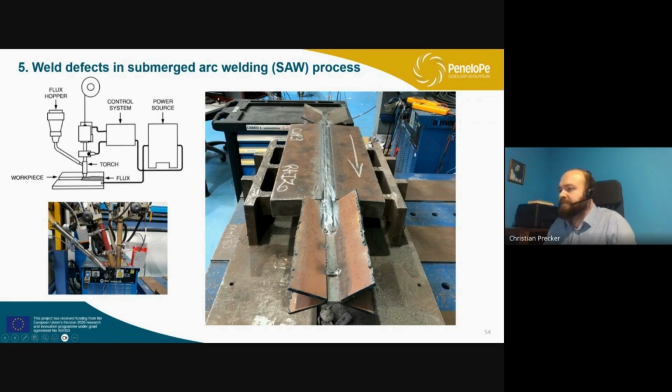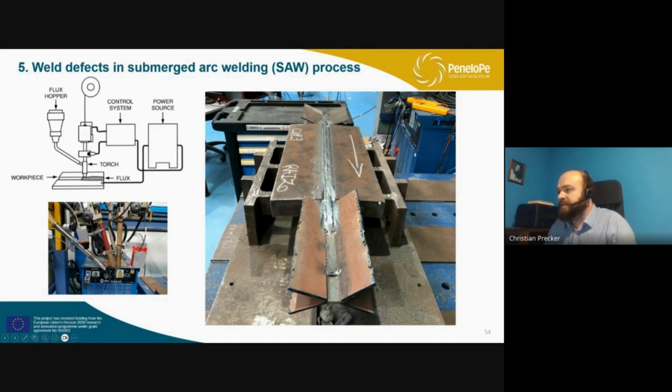Like you can see, we have some extensions at the beginning and at the end, to start a bit before and finish a bit later, to have more homogeneous weld passes here. And this metallic part has, for example, a height of 50 millimeters, a length of 600 millimeters, and the width together is around 30 millimeters.